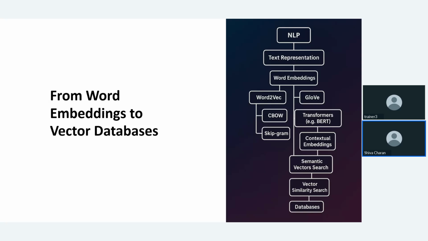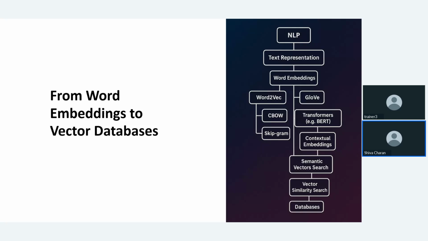Semantic vector search is based on the meaning of the particular query you are asking; the related content will be fetched according to the meaning, not according to the word match.